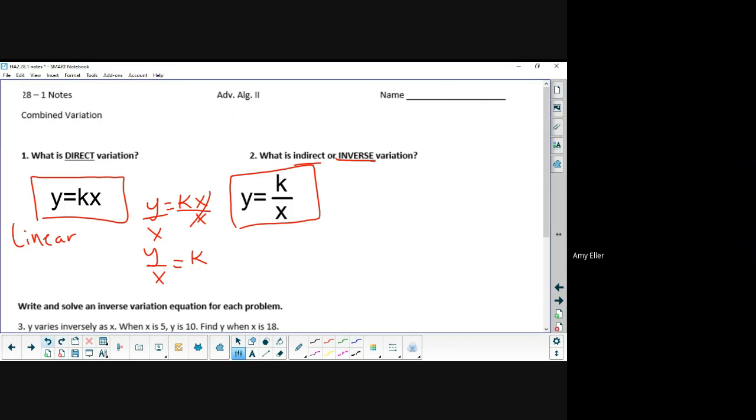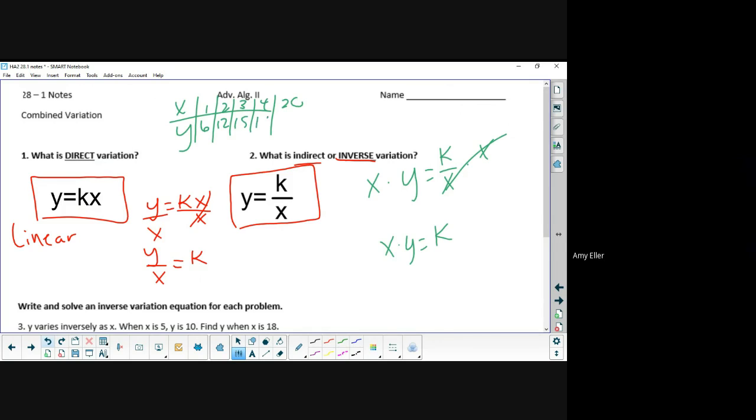Sometimes we also solve this one for k. Not a big part of our lesson. If I want k by itself, I'll have to multiply both sides by x. The only time you would use this maybe is if I said, here's a table, and I say, does this represent a direct or indirect variation?